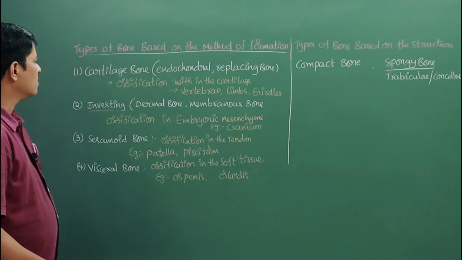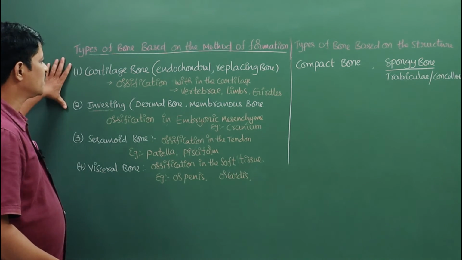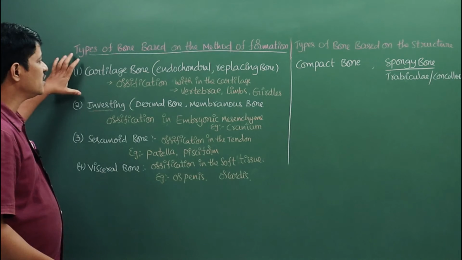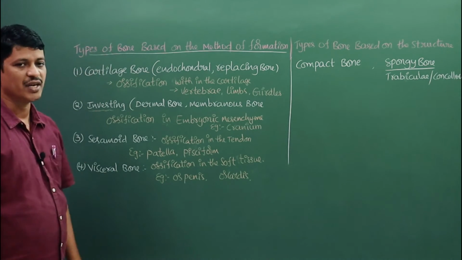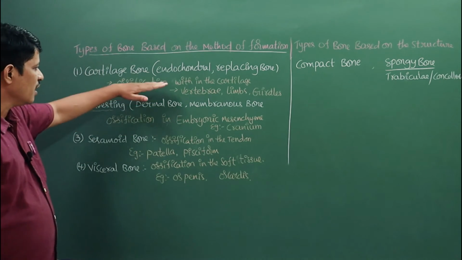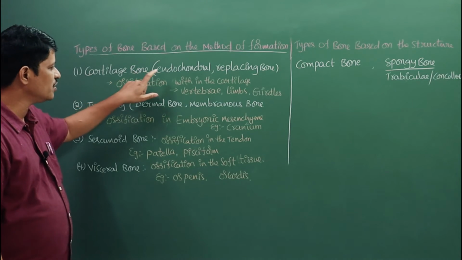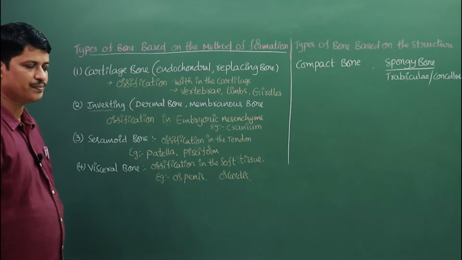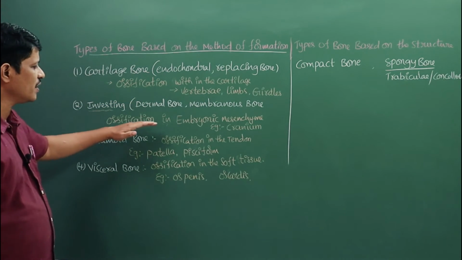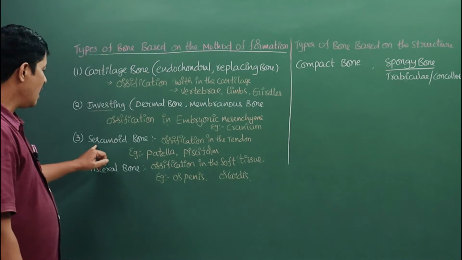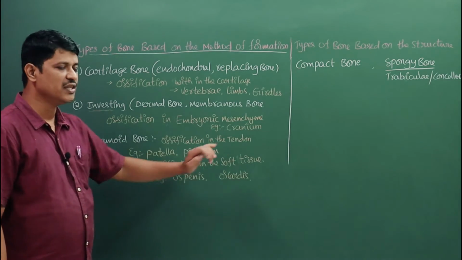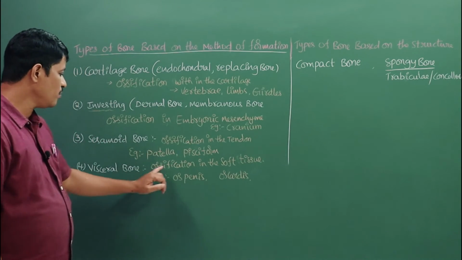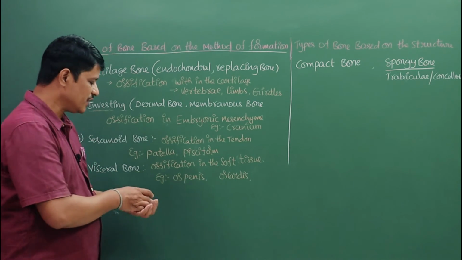These are the types of bones based on the method of formation. Some bones are formed from cartilage, some in the embryonic mesenchyme, the sesamoid bones by ossification in the tendon, and the visceral bones by ossification in the soft tissues.